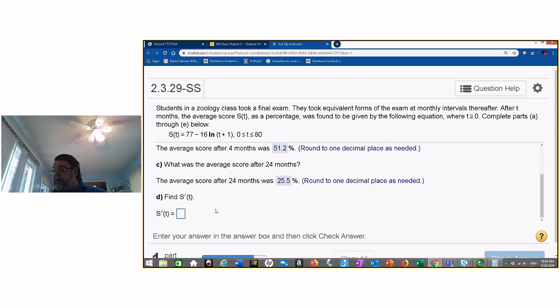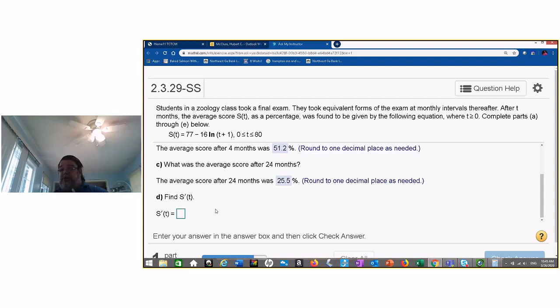Now D. D says find the derivative. So S of T is equal to 77 minus 16 natural log of T plus 1. So S prime of T is equal to 0 minus 16.